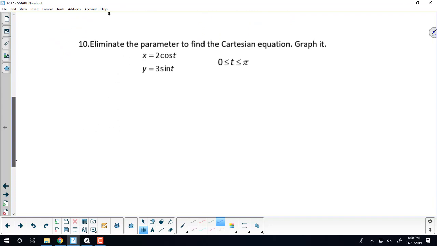What about example 10? Is it a circle? How do we know it's not a circle? Different. Yeah, the A's are different. So let's see what this is. Same procedure. We want to say that x over 2 is cosine t, and y over 3 is sine t.